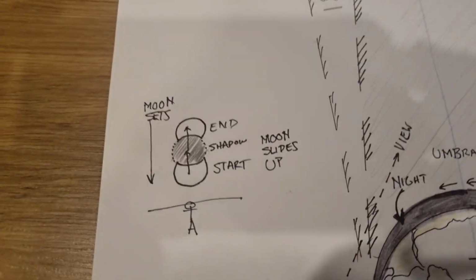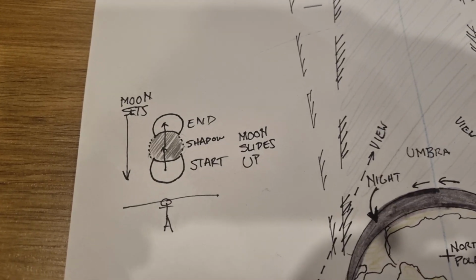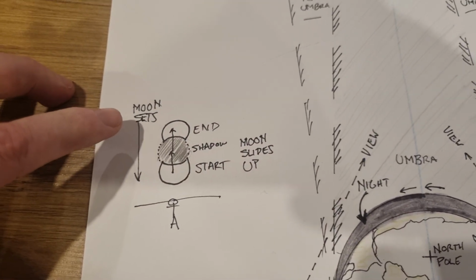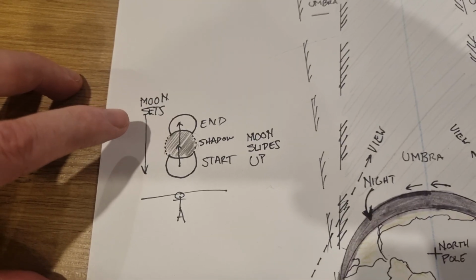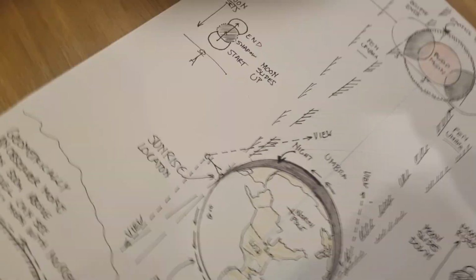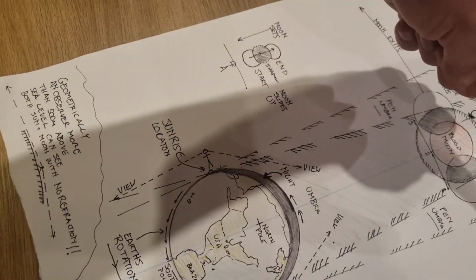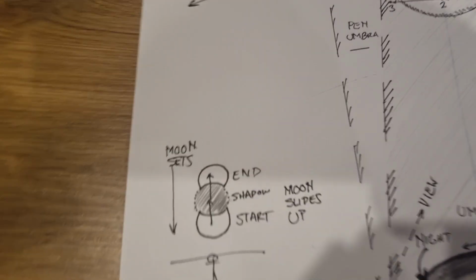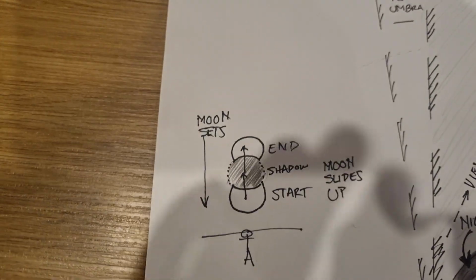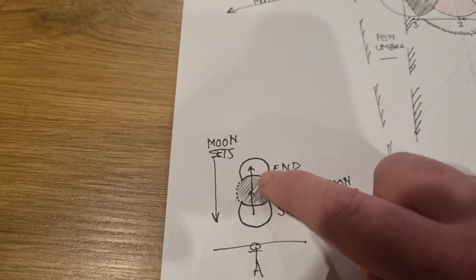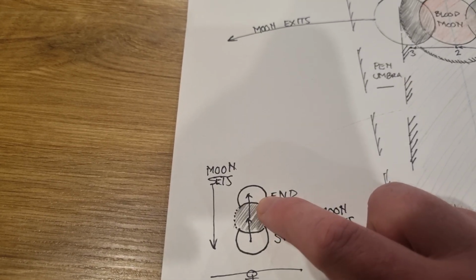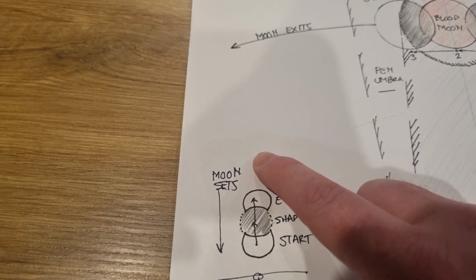All right, so from this perspective of the moon, when it comes to the sunrise for the morning, the moon is in a setting position, which means that the moon is going downwards. But the shadow is going upwards. So the moon is going up and cupping into the shadow, and then it goes into the part there, and then it bursts at the top.